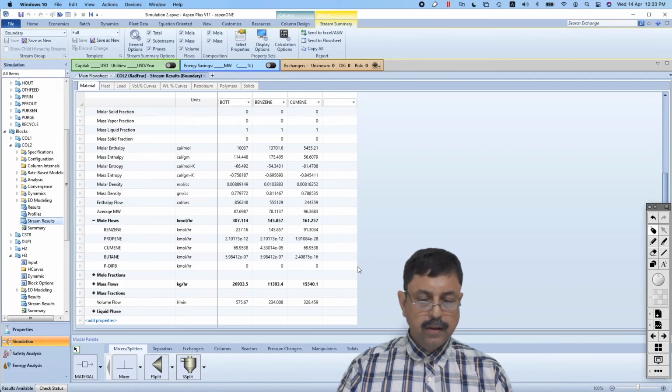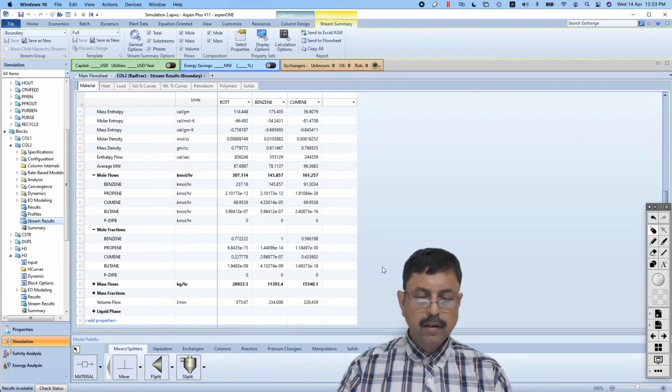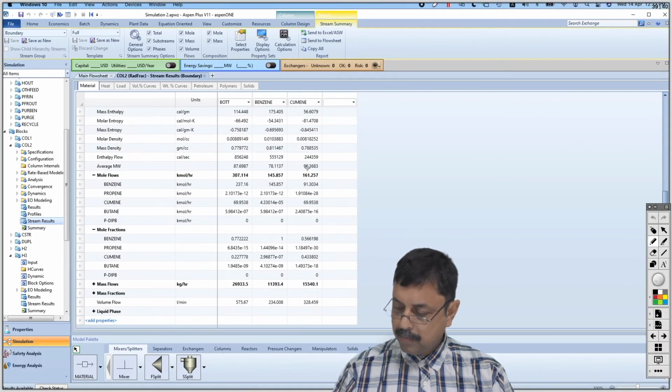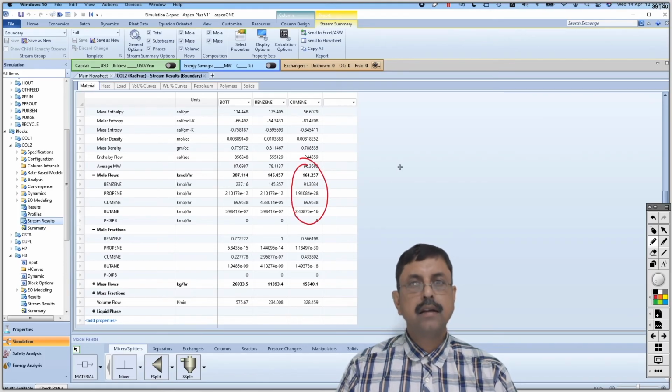Okay, so here we have a concern. You can check the cumene line. Earlier, without recycling, we had the cumene line with only cumene.